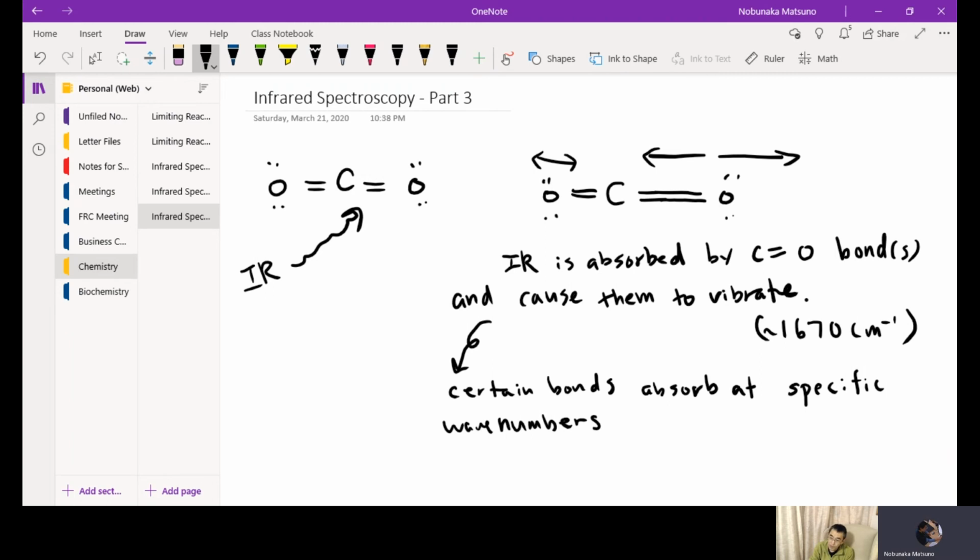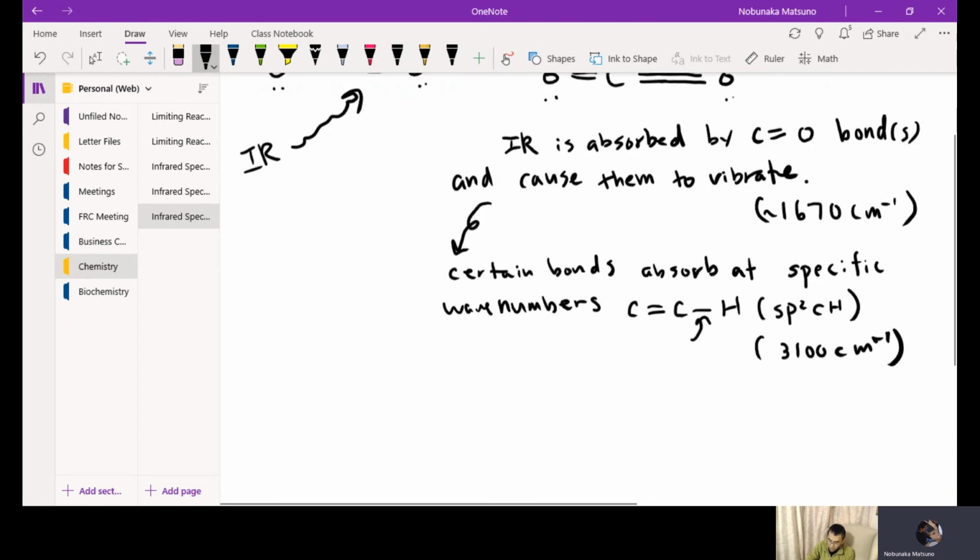Let's see, what else can I think of? Let's say the carbon double bond C and then H. This CH bond, which I call sp2 CH, occurs at, say, 3100 wave numbers. So keep that in mind.